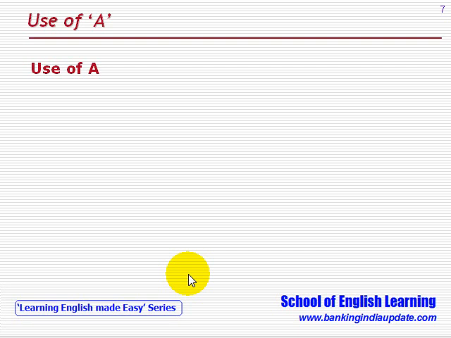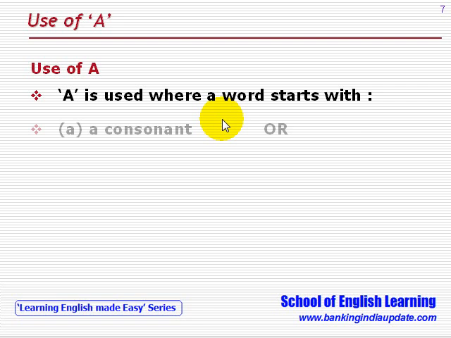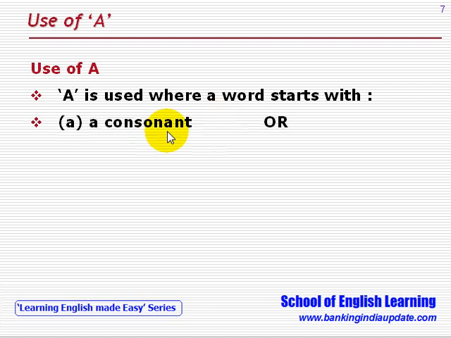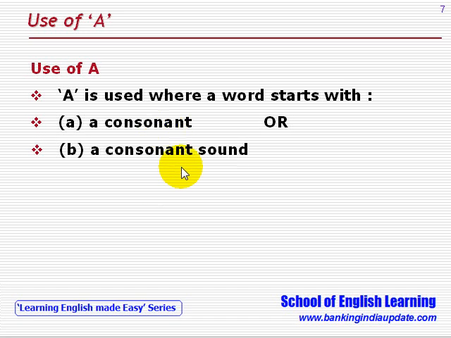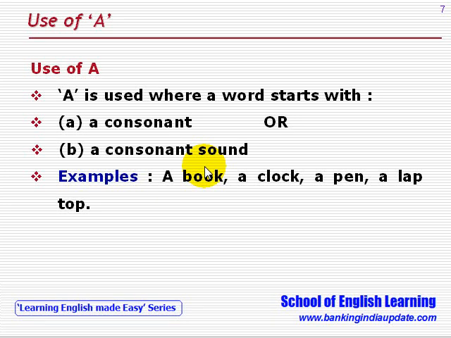Now use of a. A is used where the word starts with a consonant or where there is a consonant sound. For example, a book, a clock, a pen, a laptop.